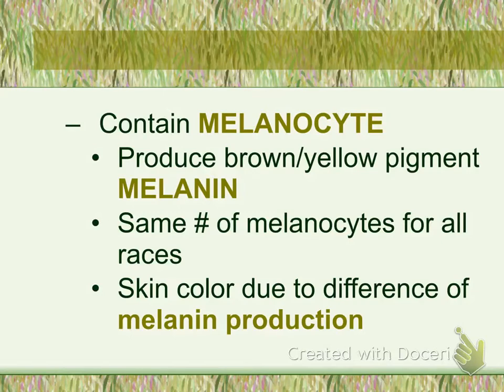Keep in mind, no matter what race or nationality you are, you have the same amount of melanocytes. The difference is that depending on certain races, the amount of melanin produced by the melanocytes can vary. So the more melanin you produce, the darker your skin. The less melanin you produce, the lighter your skin.